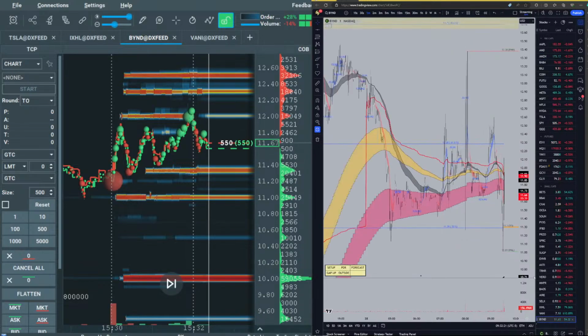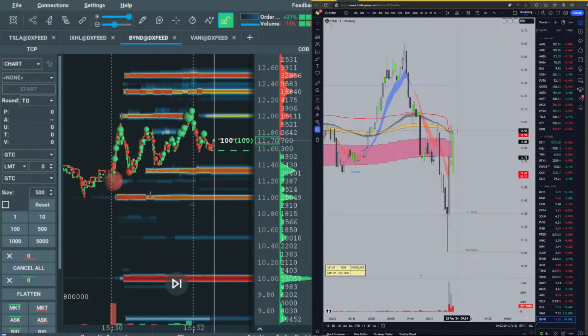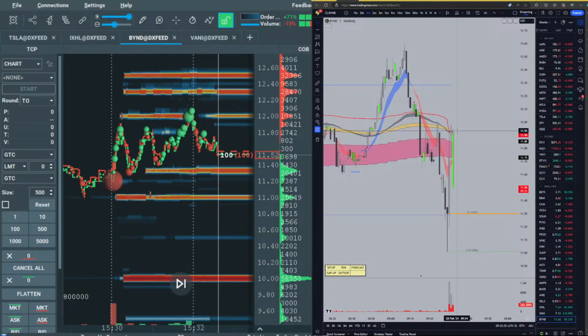I'm gonna keep over here BYND. Remember, we have an earning play. Stalling to the J lines over here. Still holding.